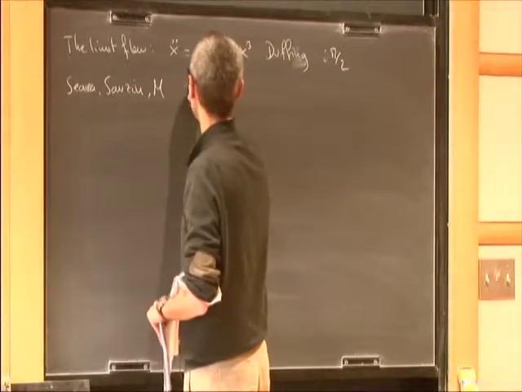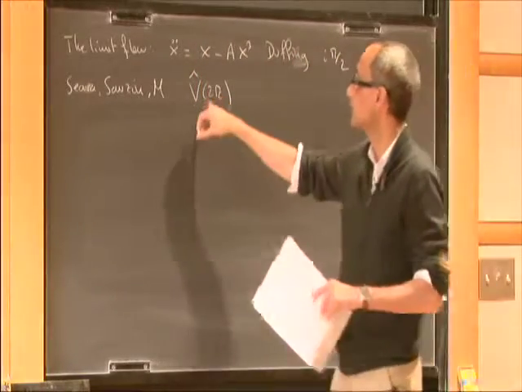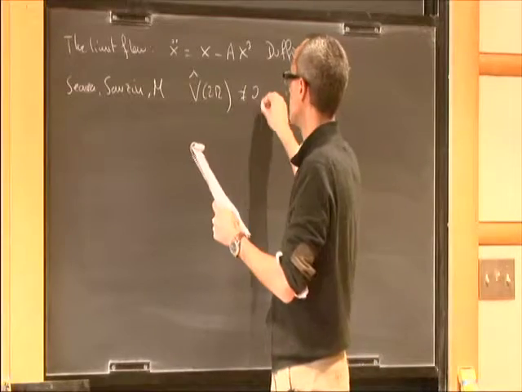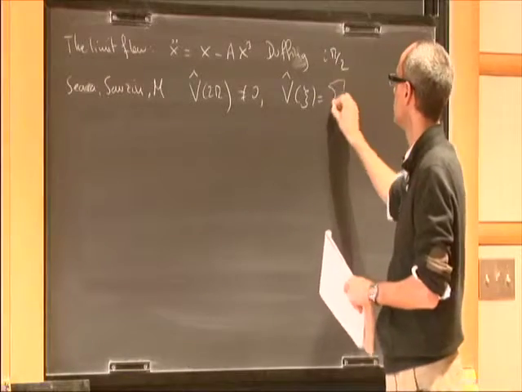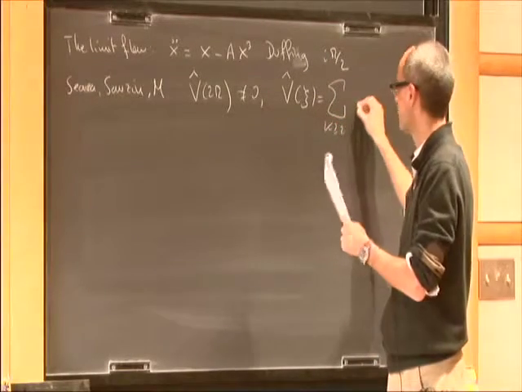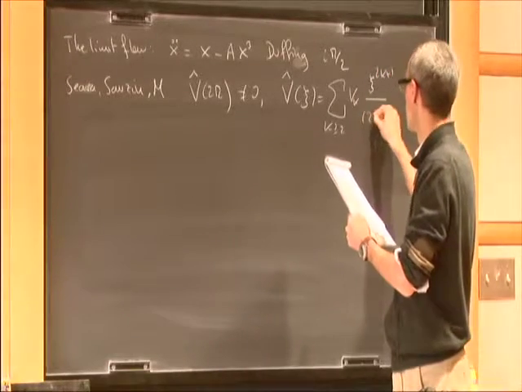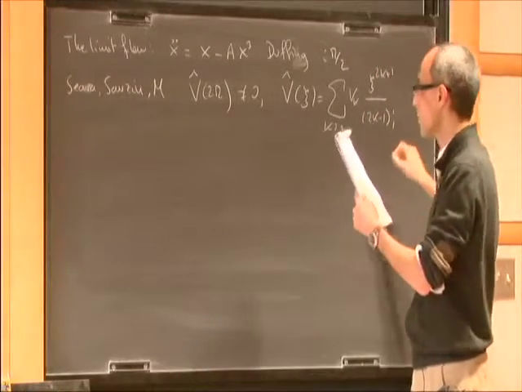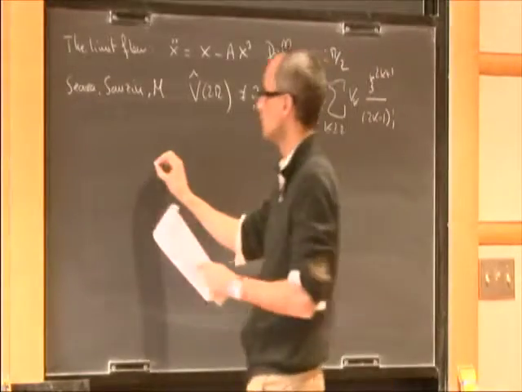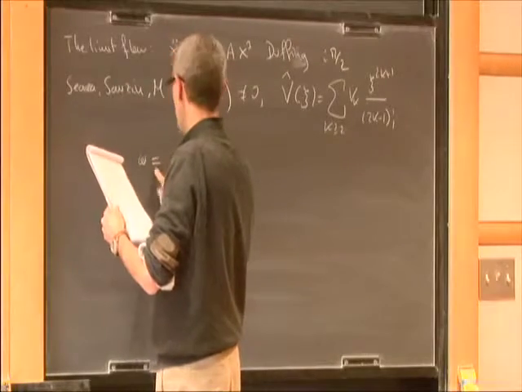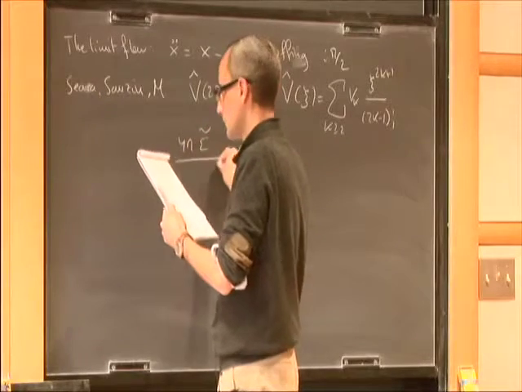If b hat of 2 pi is different from 0, where b hat is the Borel transform of the perturbation, then the splitting is also asymptotic, and we have this parameter.